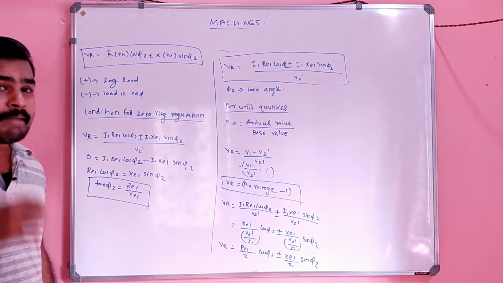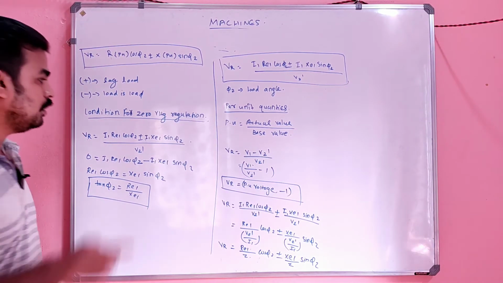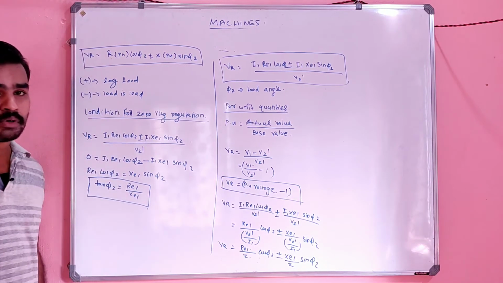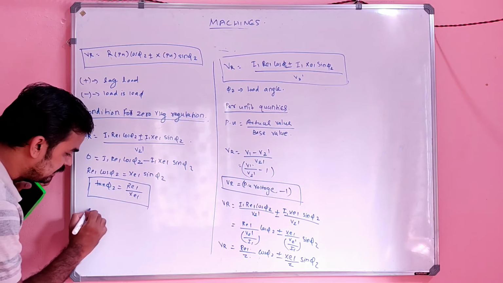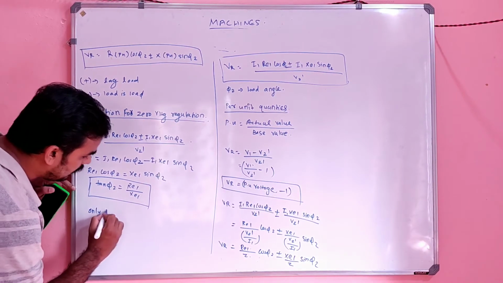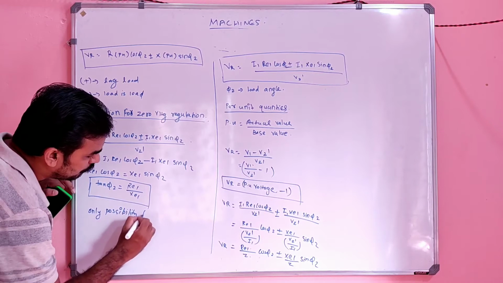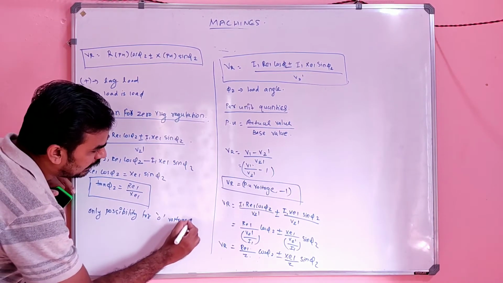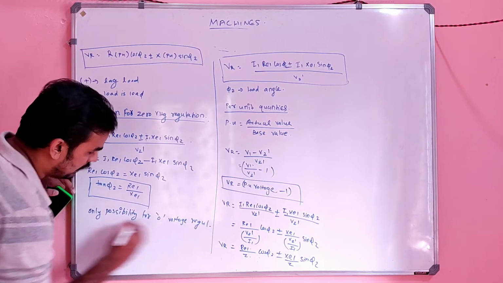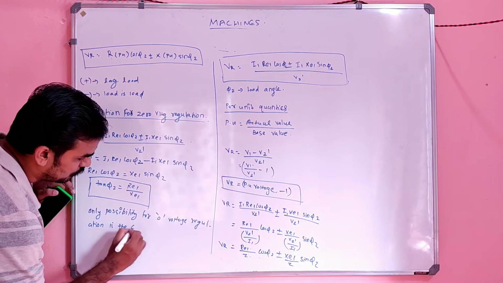So the only possibility for zero voltage regulation is that the load is capacitive. It's a very important question. So the only possibility for zero voltage regulation is the capacitive load.